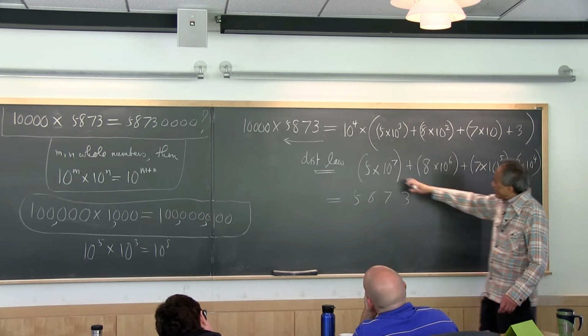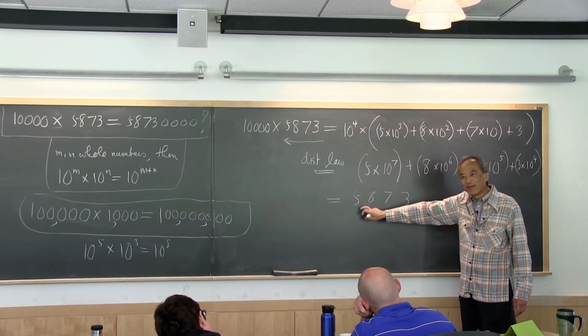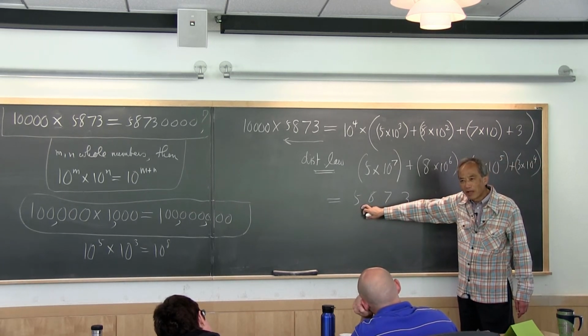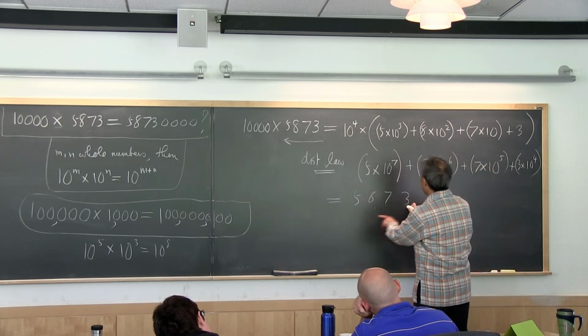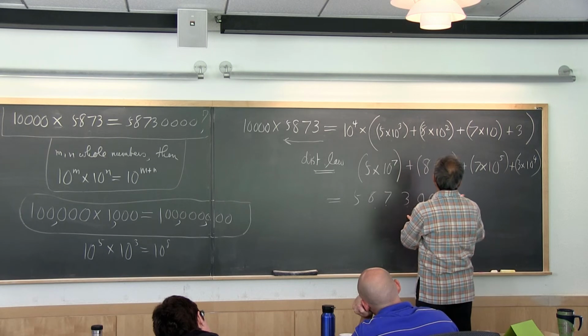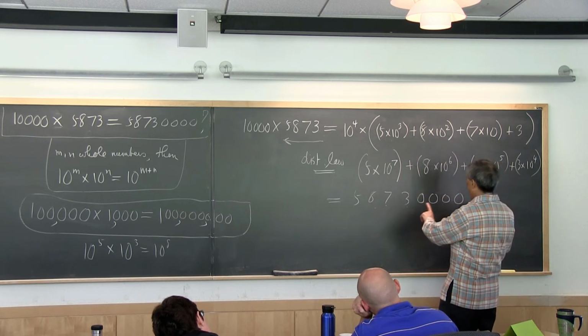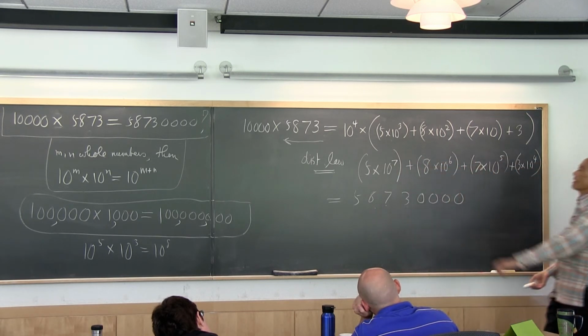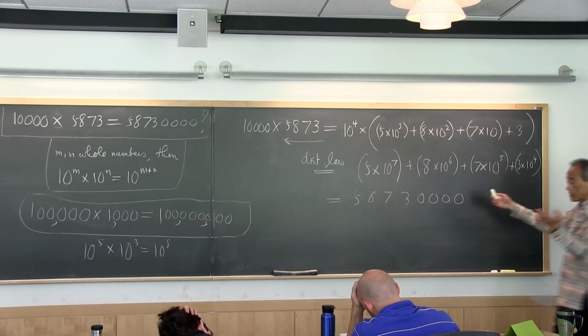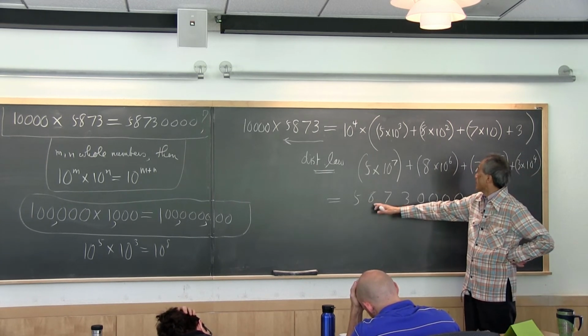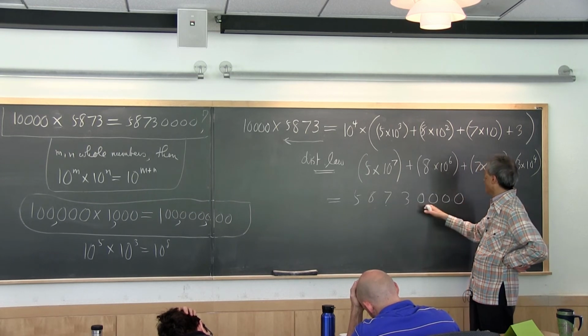So 10 to the 7th, that means this should be in not the 7th place, but what? 8th place from the right. Yeah? So that means 1, 2, 3, 4, 5, 6, 7. Yep. Now you make sure it's okay. 8, is this in the 7th place?